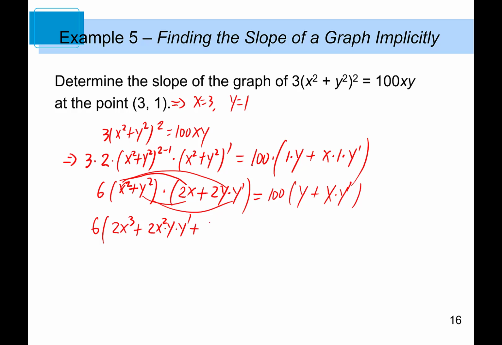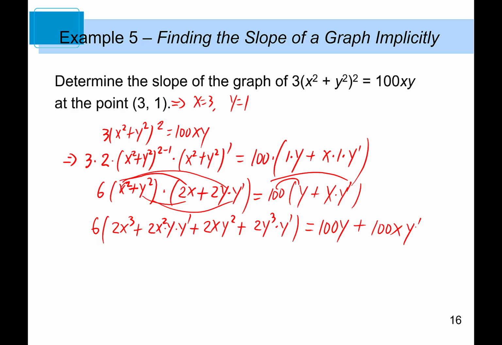Plus y squared times 2x is 2x y squared. Plus y squared times 2y y prime is 2y cubed times y prime, equals 100y plus 100x y prime.